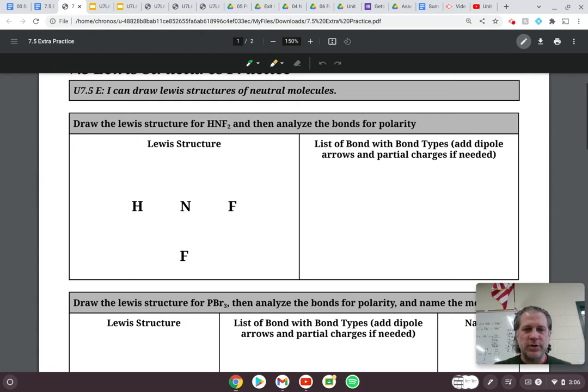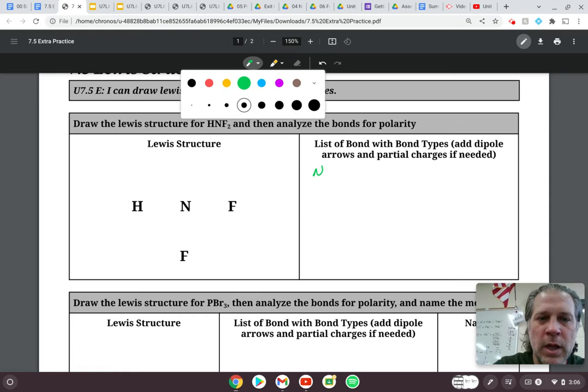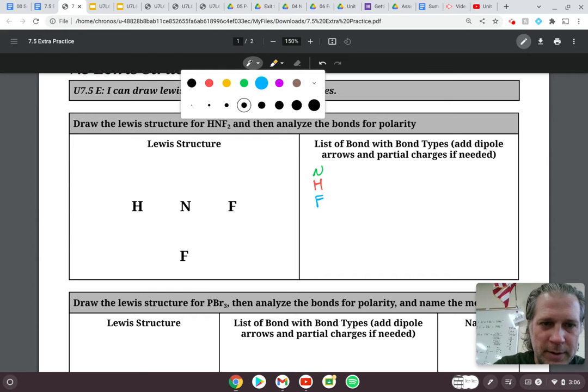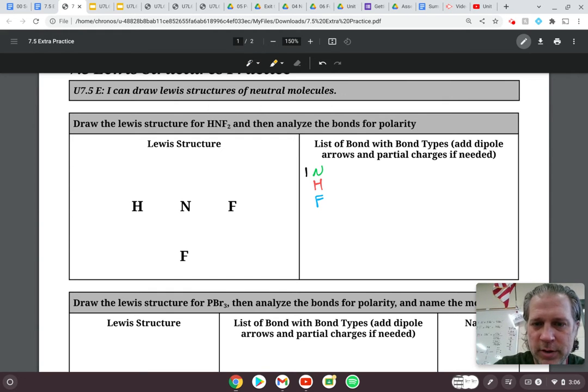So the first thing I have to do is figure out how many valence electrons I have. I have nitrogen, hydrogen, and fluorine. Nitrogen, there's one of them in the formula, and it has 5 valence electrons.